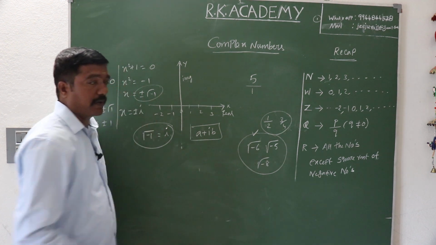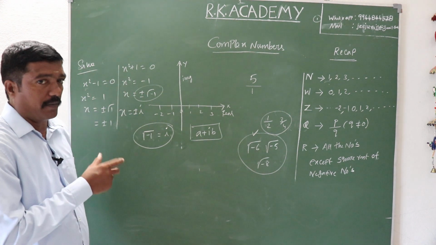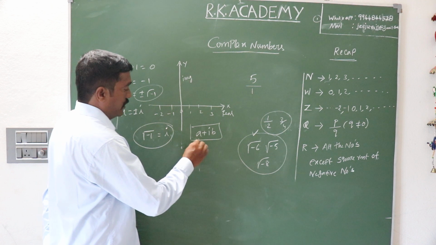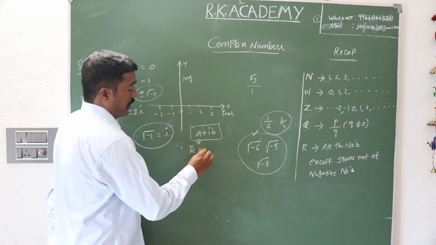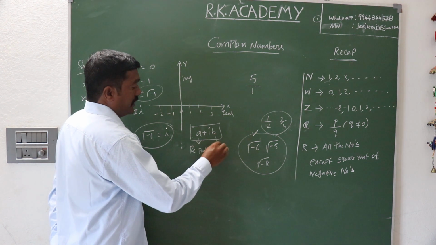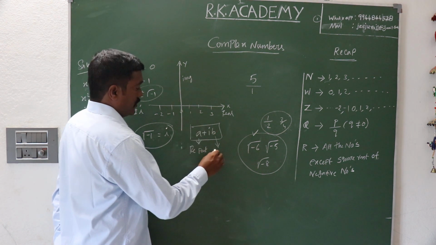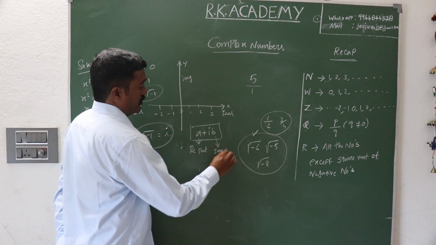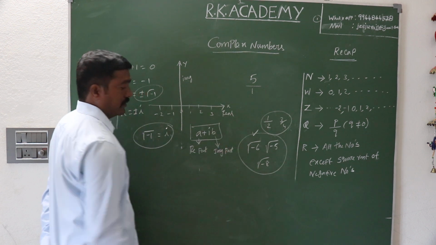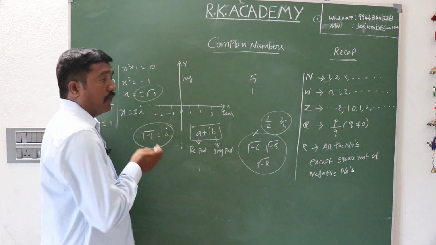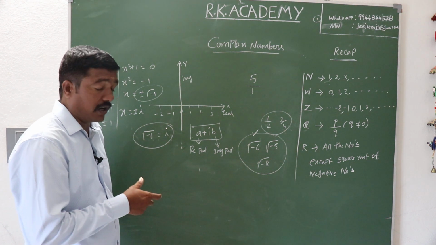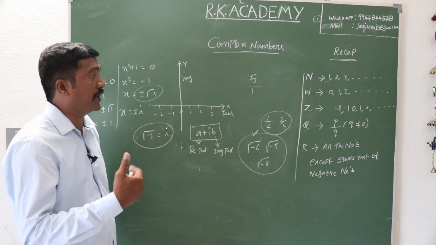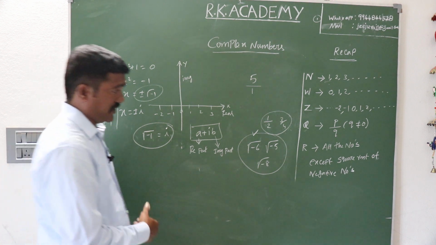What about b? It's not bi, it's b. It's the imaginary part of the complex number. Whenever we write a number in the form of a plus ib, it is called a complex number.